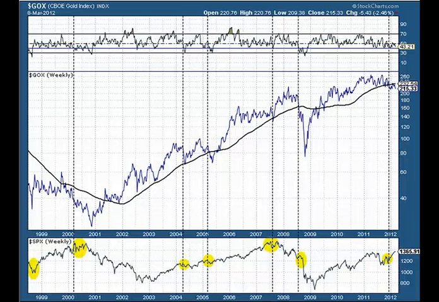Now, as far as copper and silver are concerned, they're really useful for a different reason, which is that beyond just being precious metals, they're also considered industrial metals, meaning they have many commercial and manufacturing applications. Specifically in regards to the gold chart we're looking at here, the yellow highlighted area, the lower panel is the S&P 500, going all the way back to 1998.